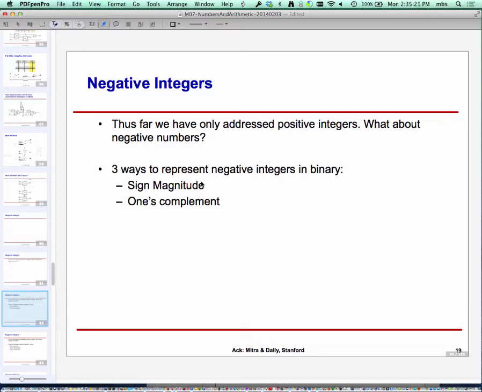But there are many different ways of mapping those 31 numbers, from -15 to +15, to the 32 binary things that we have. Sign magnitude is one of them, but there are many, many others. One of them, which turns out to be very powerful, is something called ones complement.